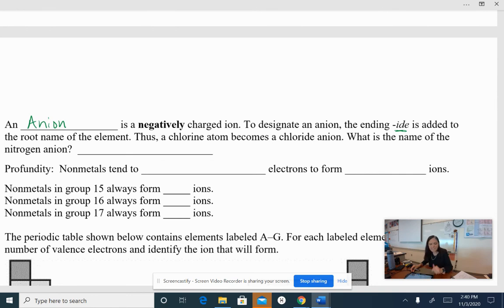What's the root of nitrogen? Nit? Yep, nitride.